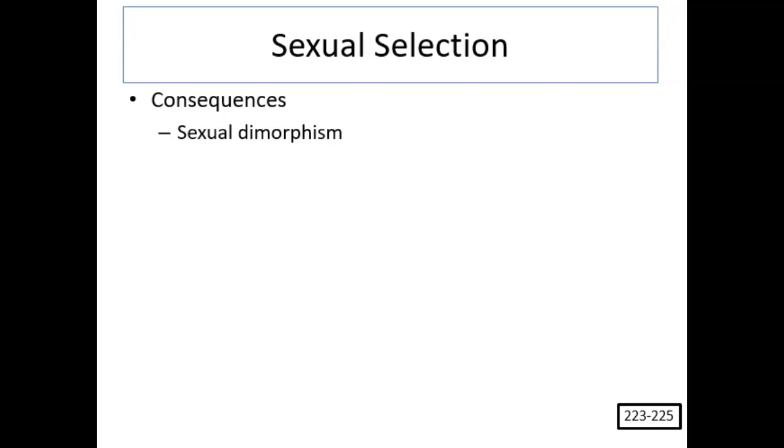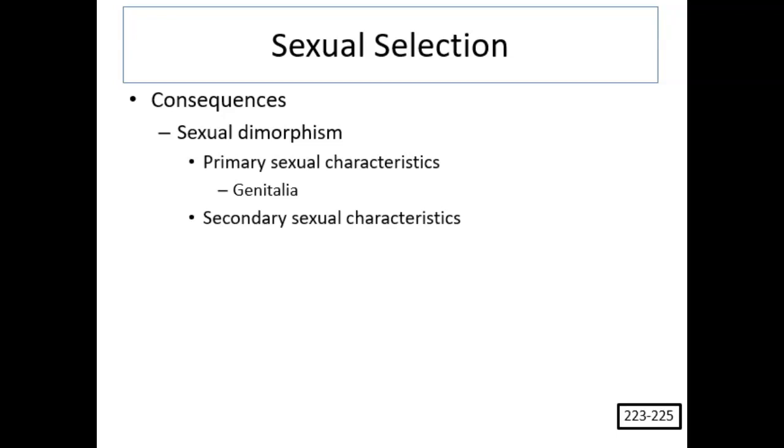Now, those can be, of course, primary sexual characteristics, like genitalia, but we're going to talk about secondary sexual characteristics in a little more detail here because of the large effects that sexual selection has on those characteristics. So, one example of an effect on a secondary sexual characteristic has to do with size.